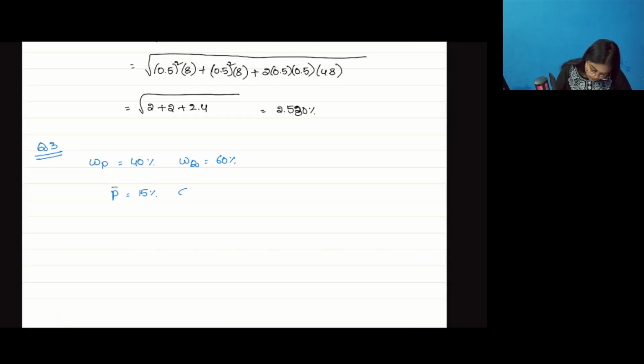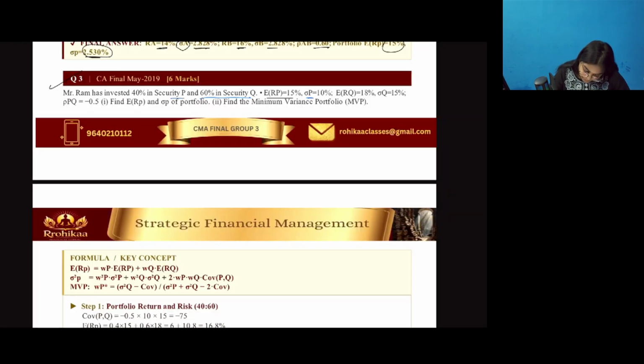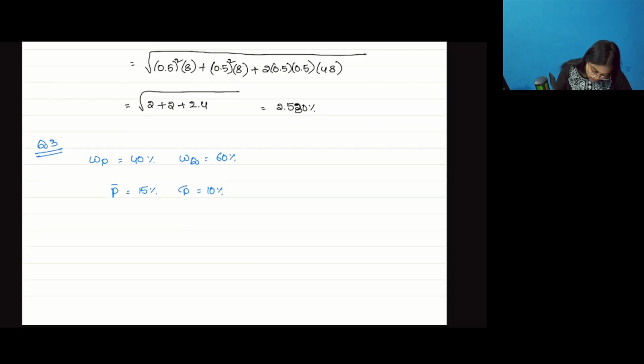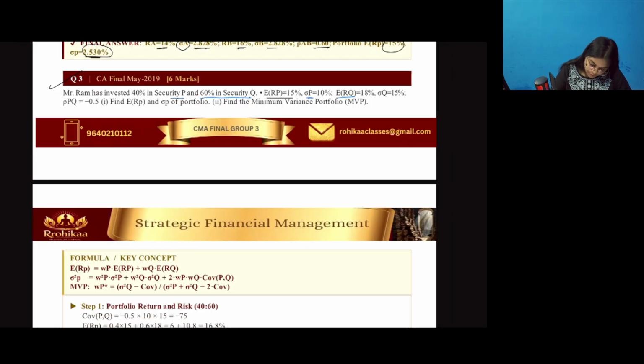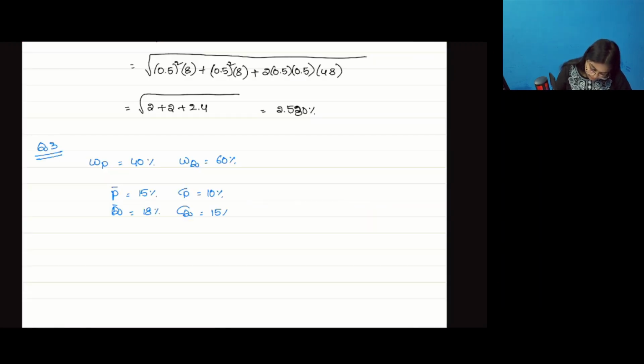Standard deviation equals 10%. Return of security Q equals 18, standard deviation equals 15%.